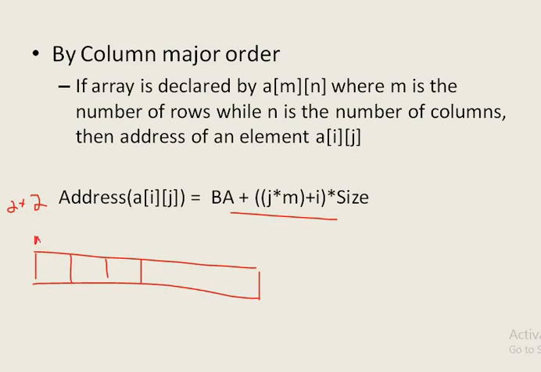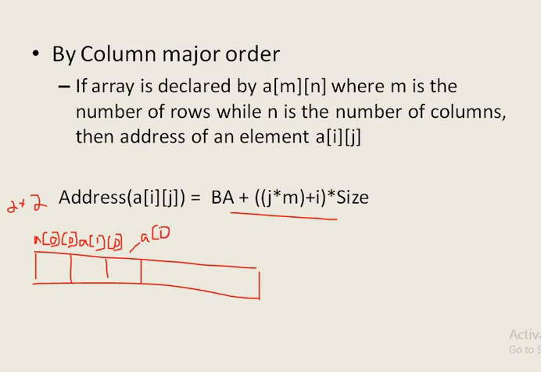First element will be represented using 0, 0 itself, and the second element will be in column major order. Column remains the same but row changes. So here 1, 0 is the second element. The second element will be stored here. Third element: we are storing a 2 by 2 matrix, so next element will be from the second column.